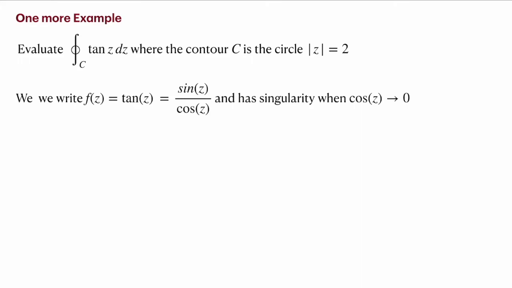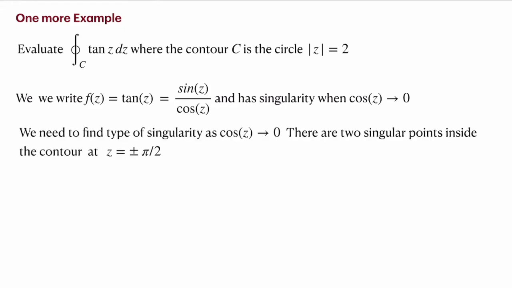We write it as sin z by cos z, and then we have a singularity when cos z goes to 0. But when we look at our interval, we have only two values over which cos z goes to 0, that is at z is equal to plus or minus pi by 2. The rest of all the points are outside our contour, and we do not have to consider them.